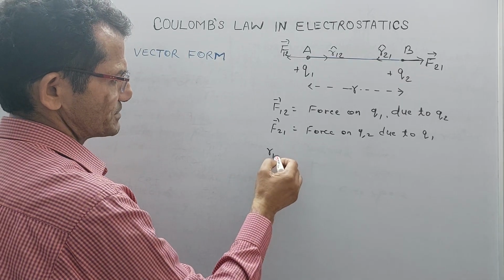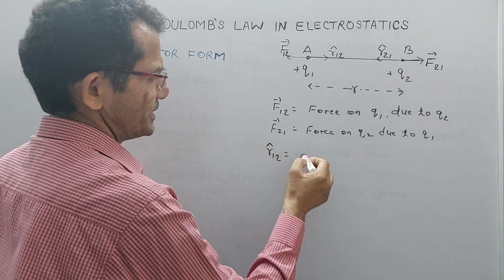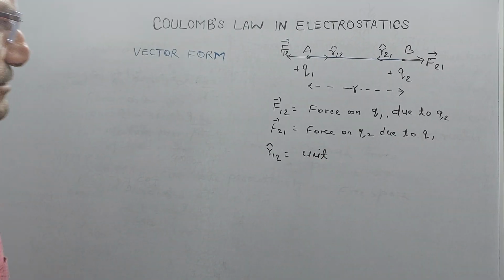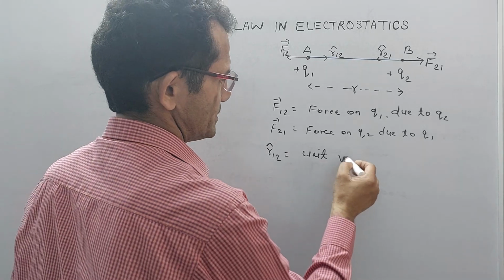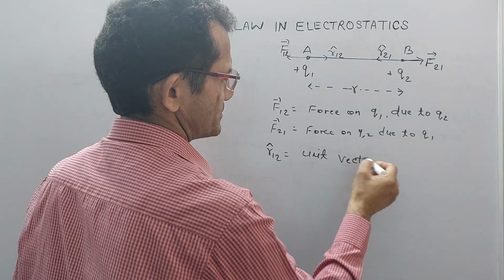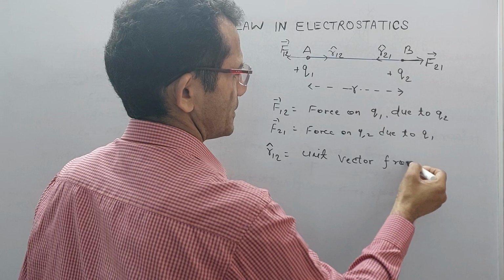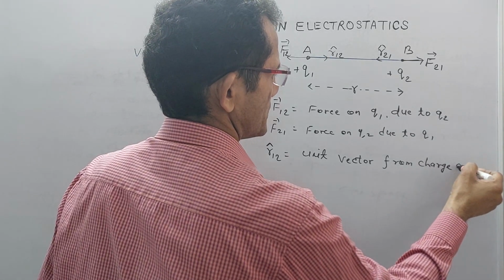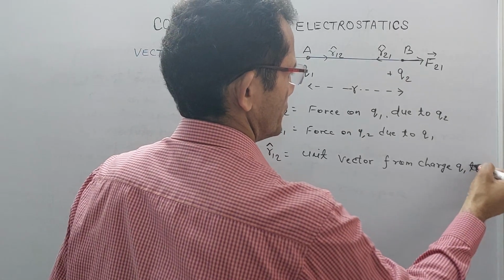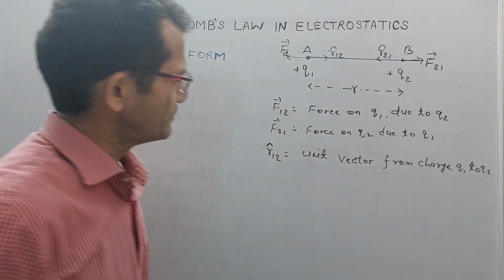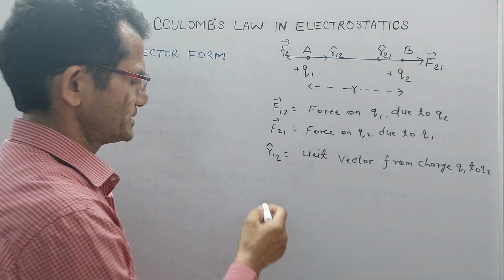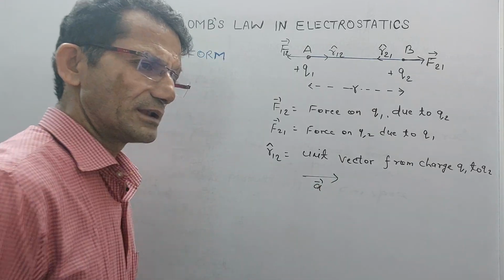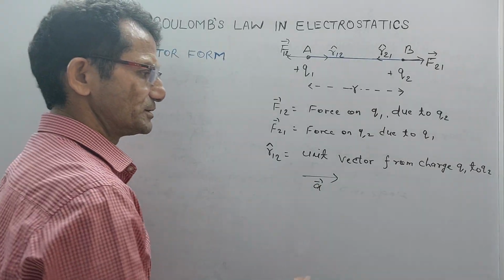So r12 cap is the unit vector from charge q1 to q2. Unit vector gives you only the direction. Its magnitude is always 1. We already know that, suppose this is a vector A. If I want to find the direction, it would be given only by the unit vector.